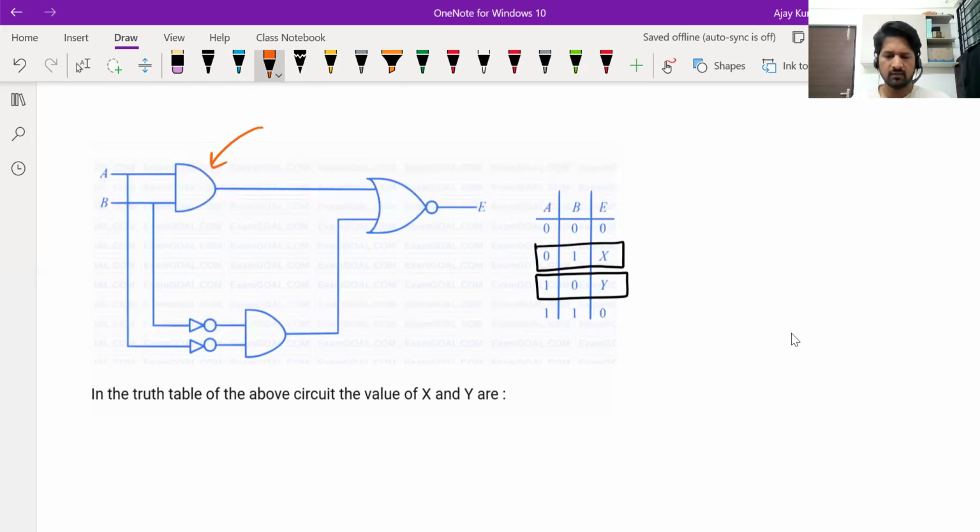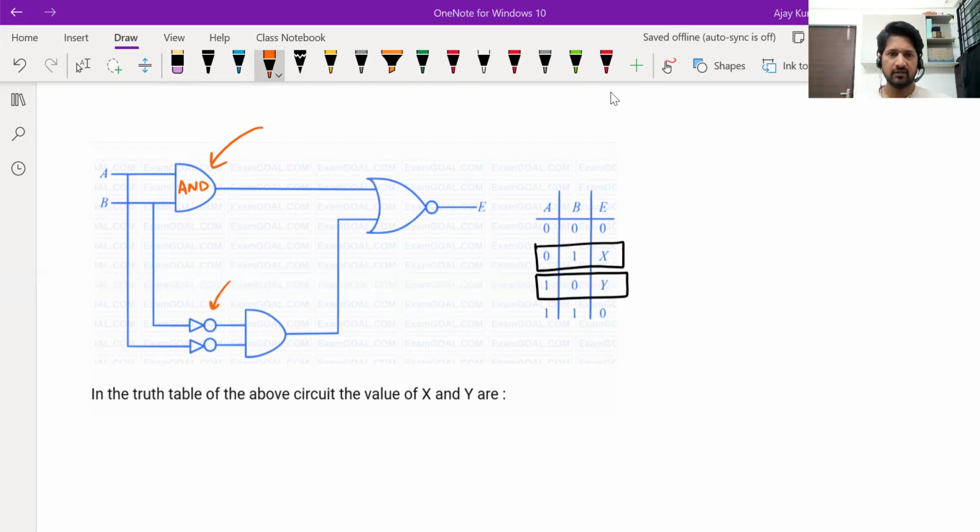NAND. AND gate, sir. Yeah, it is an AND gate. See, if this line is straight, it's an AND gate. If the line is curved, it becomes an OR gate. Okay, this is AND. What are these gates? These small ones.